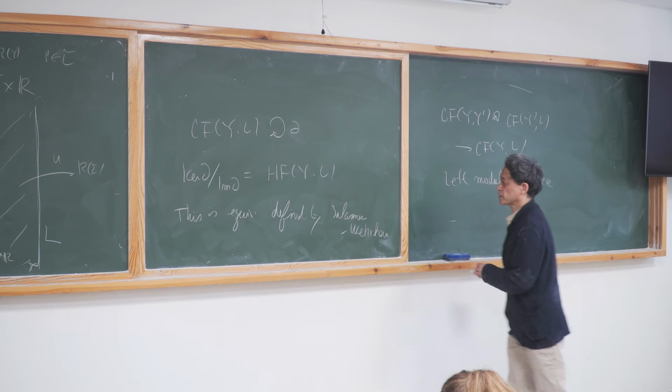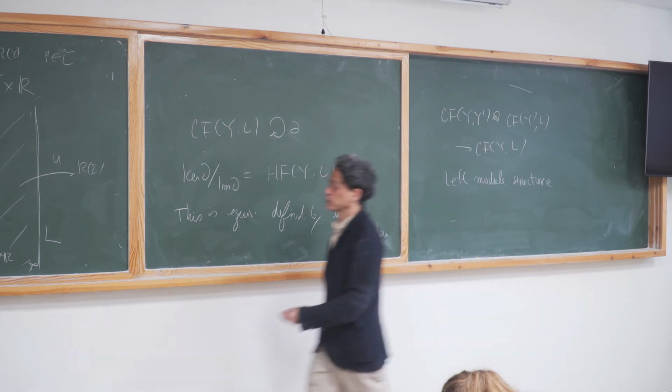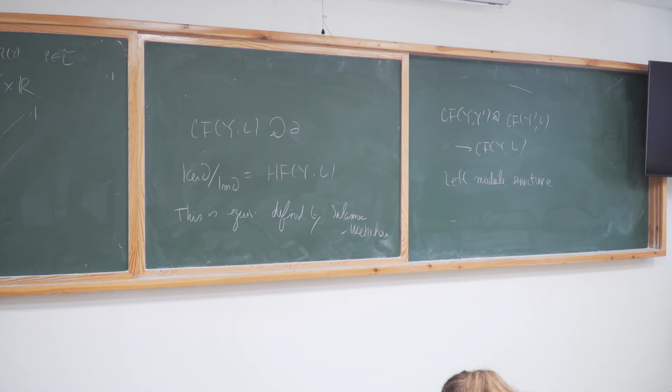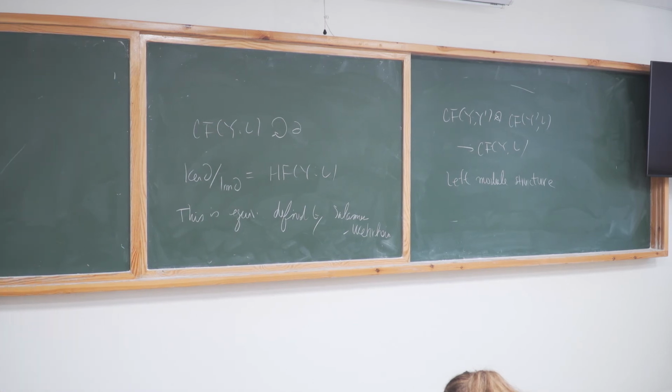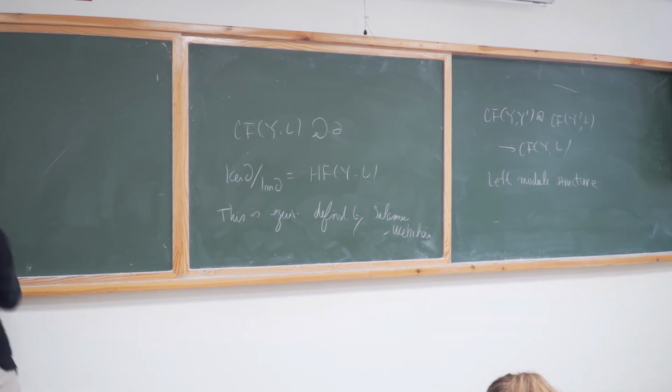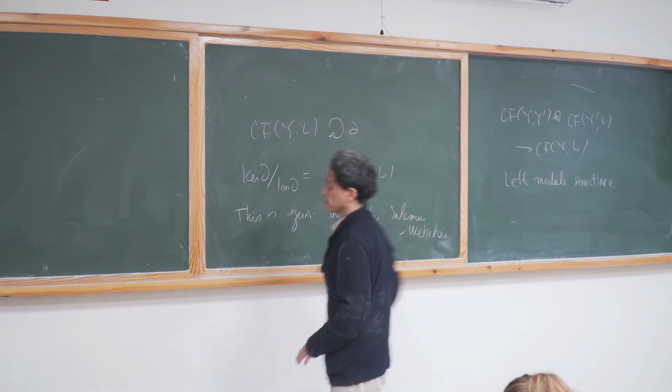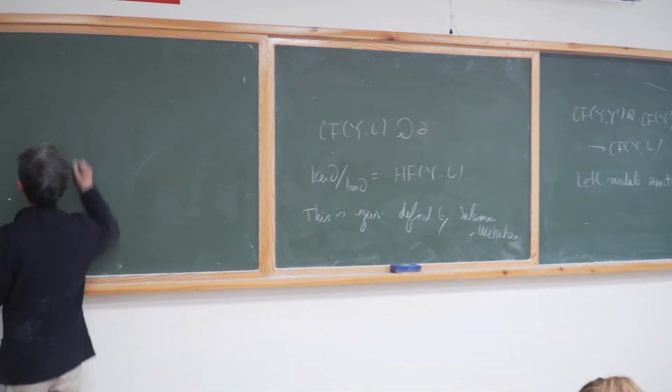And the right module structure is similar, so I just want to explain these particular things. So what is this one? We have this Y and Y prime. Something we do is the following.